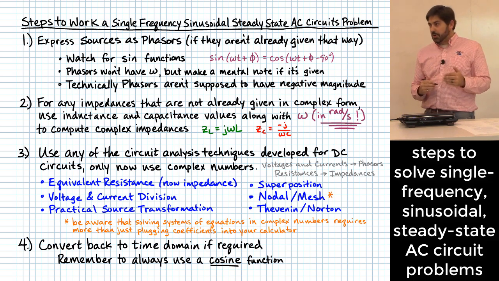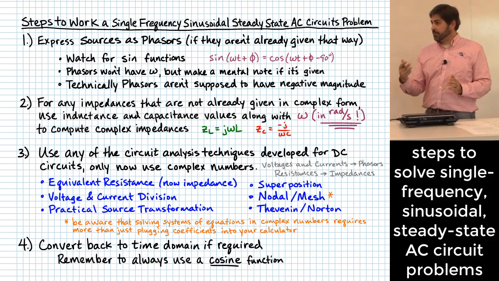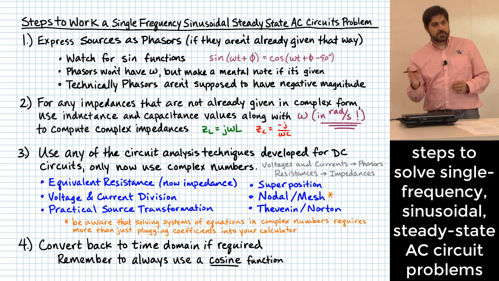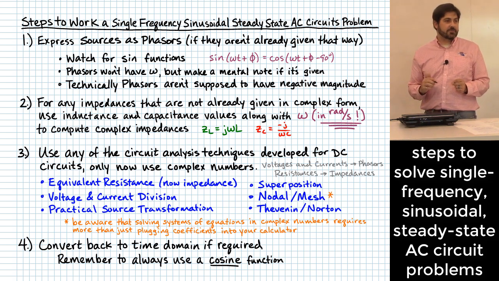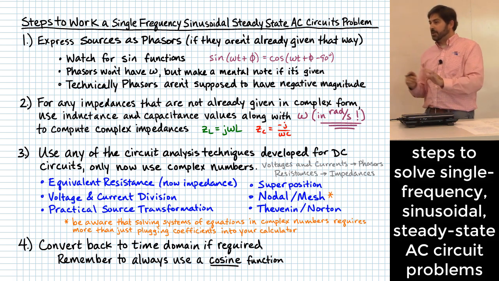A couple of notes as you do that. Make sure you watch for sine functions, right? Your friend is cosine functions, because then you can directly convert whatever your phase angle is from your cosine expression to your phasor value. But if you have any sine expressions, you want to make sure you subtract 90 degrees like we did just a couple seconds ago. Okay?